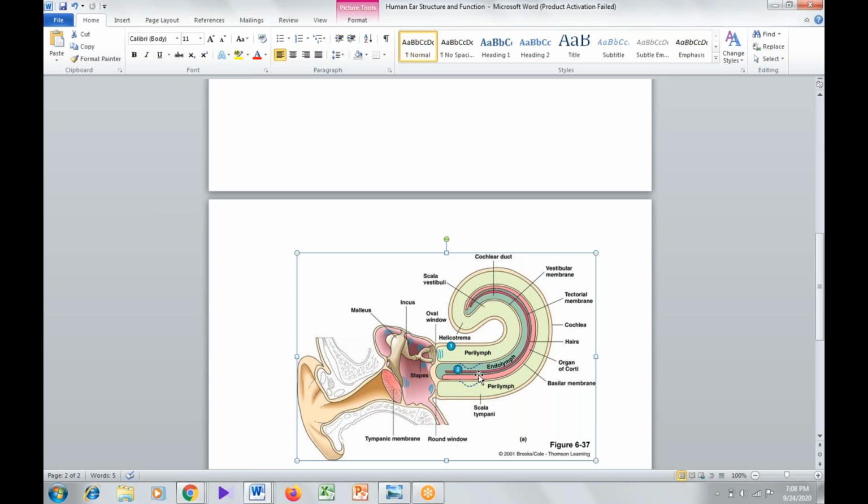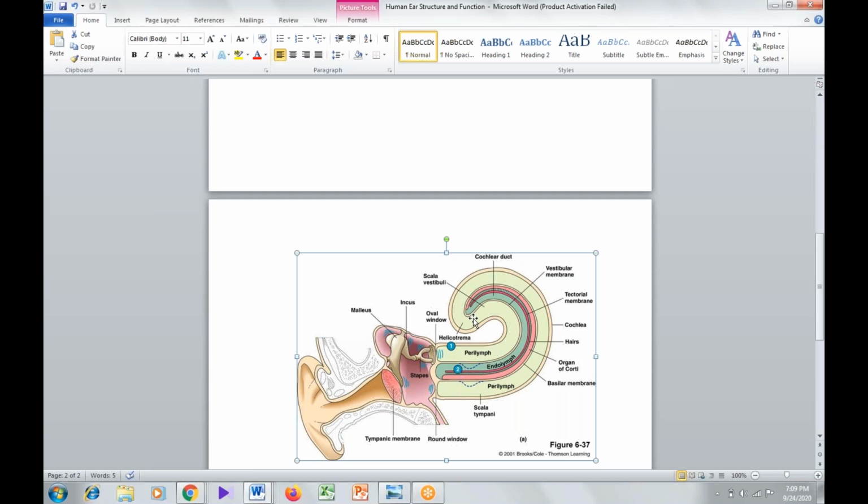If anyone has any question, okay. I want to add a little bit more for your knowledge. The inner ear has fluid, as you can see here, perilymph and endolymph. This fluid also helps in body balancing.